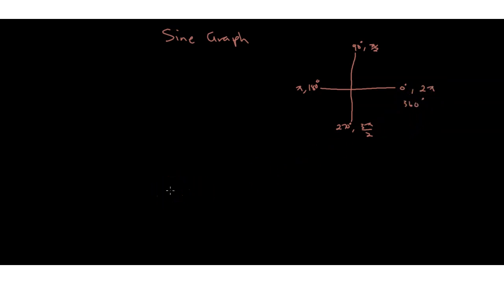So what we have to remember when we're drawing the sine graph is that in the unit circle, our coordinates are cosine, sine. Remember our unit circle, we have 1 here, 1 here, -1 here, and -1 here.